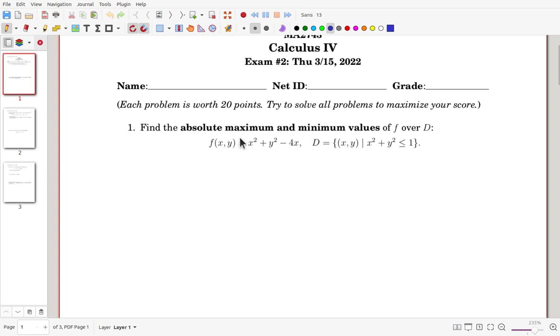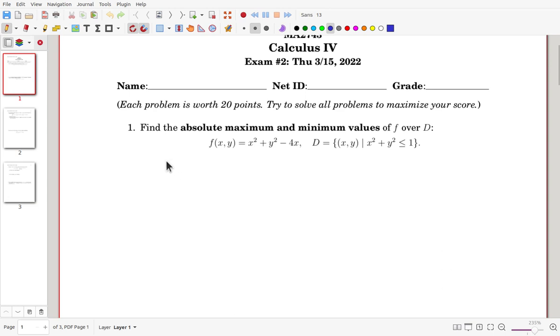To find the absolute maximum and minimum values, we have to find local extrema inside and on the boundary as well. Here, first, try to find inside.